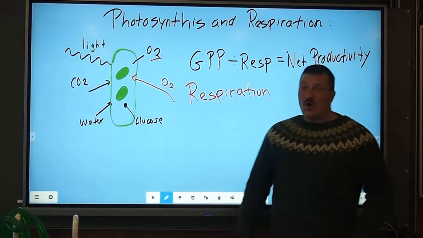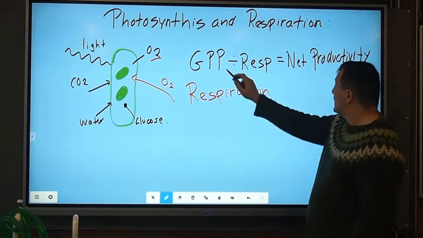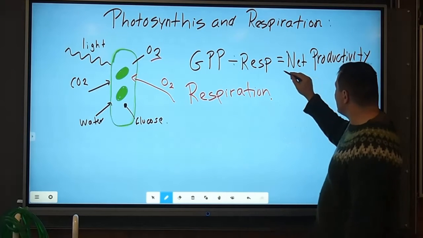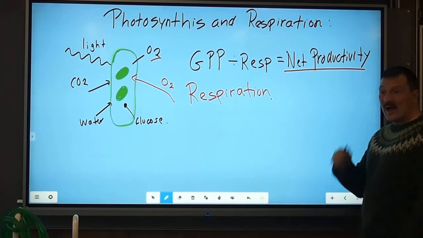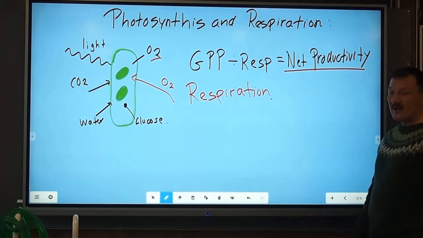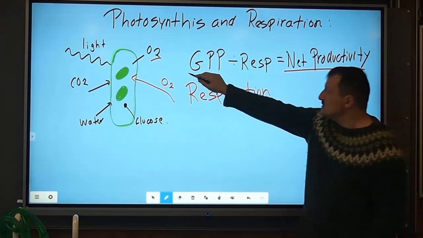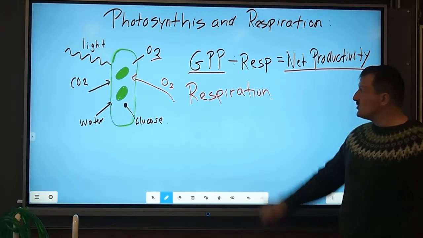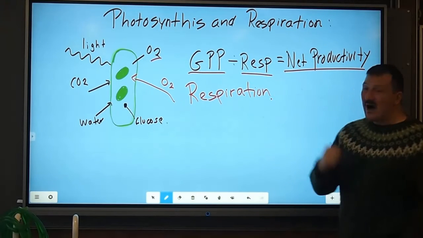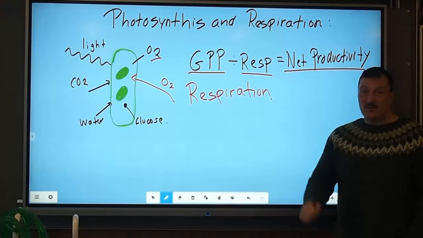This means that when we talk about what we call our net productivity, how much is produced by the algae in form of sugar and oxygen, we look at the total, the gross primary production, and subtract how much the algae themselves respire.